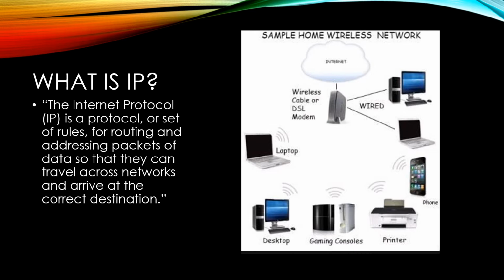As you can see in this photo, this is our basic life of devices that we use in our everyday life. Most of us have a router that transmits through either a wireless or wired connection.